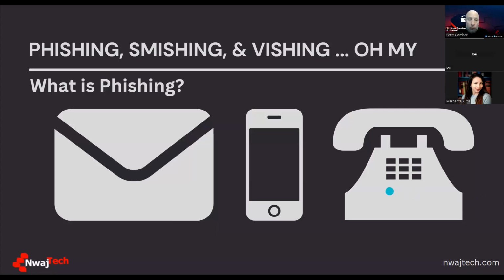And vishing, V for voice, is a combination of the words voice and phishing. It's a form of phishing where fraudsters use phone calls, either live or automated, to deceive individuals into providing sensitive information. These scammers often pose as representatives from legitimate organizations such as banks and government agencies. You get a lot of IRS calls. Soon they'll start coming.